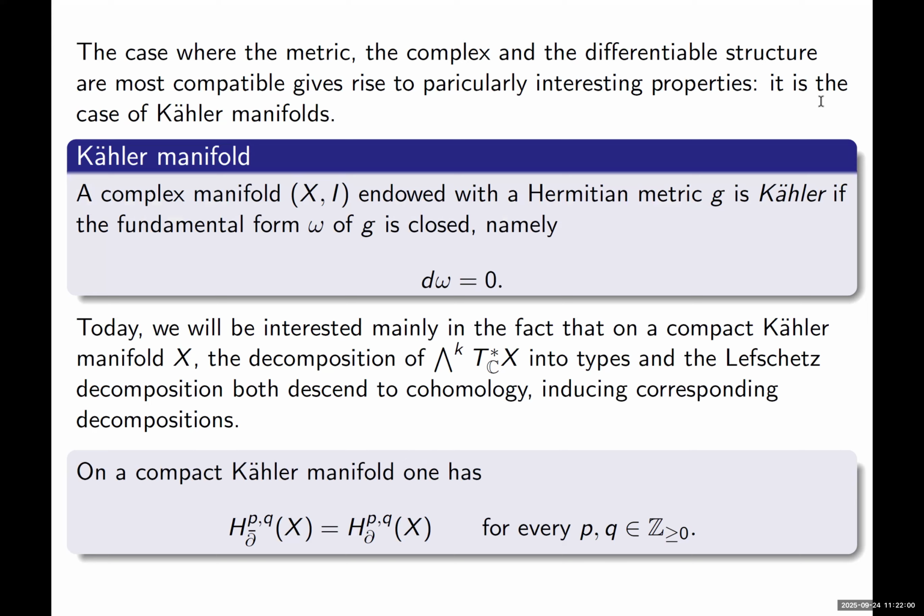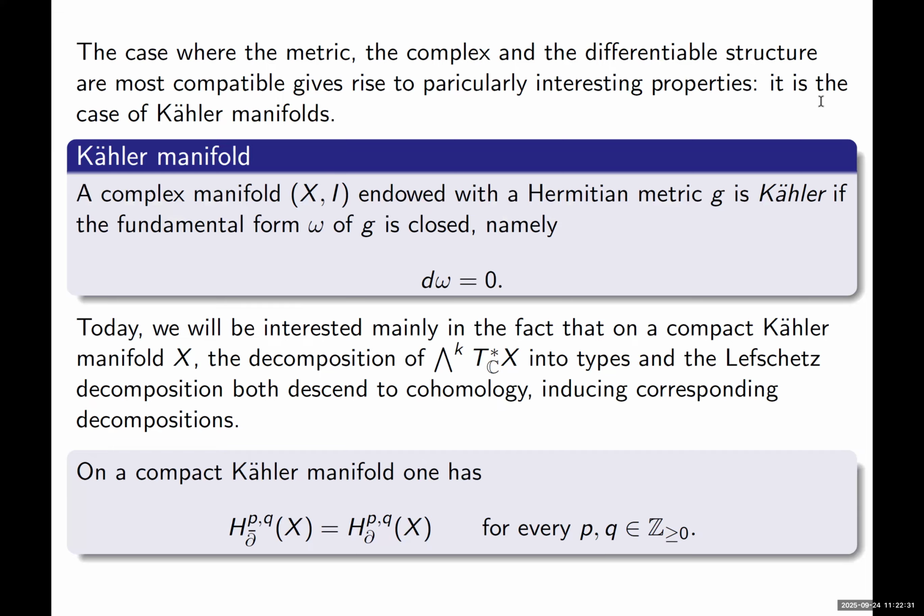So if we ask the metric, the complex structure, and the geometry itself to interact with each other in an appropriate way, we can get something more. The requirement we usually make is to consider Kähler manifolds, which are the ones for which the fundamental form omega of g is closed.